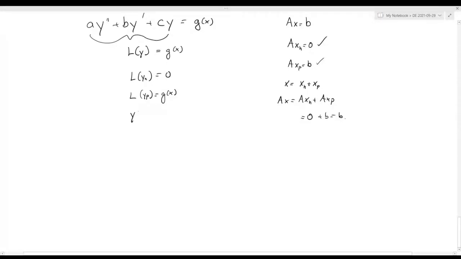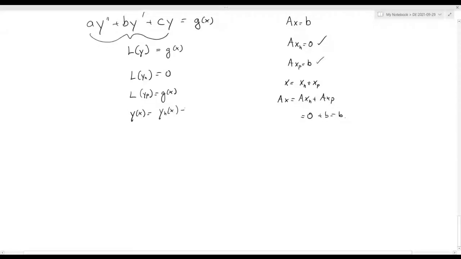The general solution, y as a function of x, is the homogeneous plus the particular. We're going to focus on the different methods you're going to learn to find a particular solution to a non-homogeneous equation.